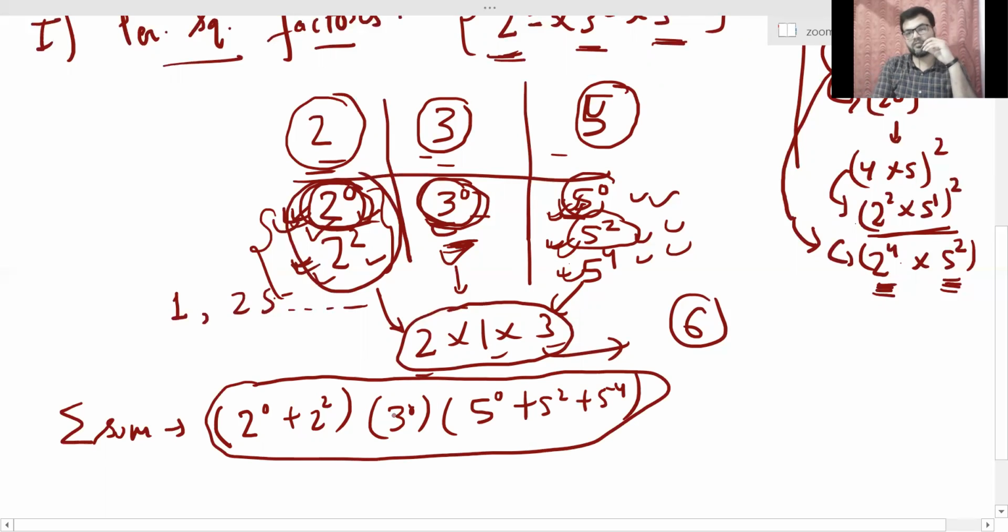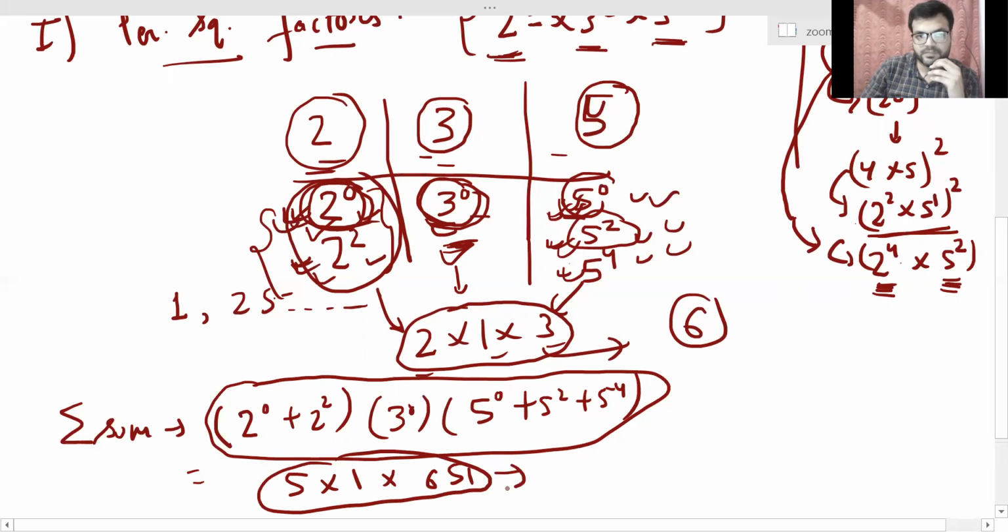So this will be 5 into 1 into, this is 625 plus 25, 650, plus 1, 651. If you multiply these, you get the sum of all the perfect square factors. So the total number of perfect square factors is 6, and their sum will be this.